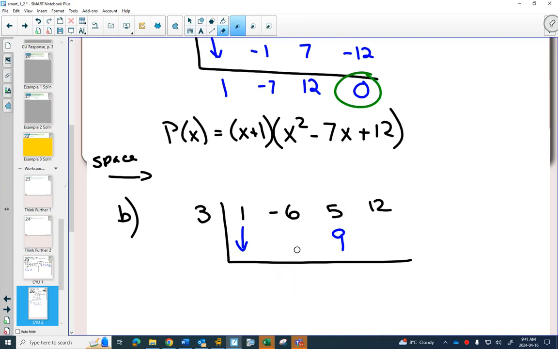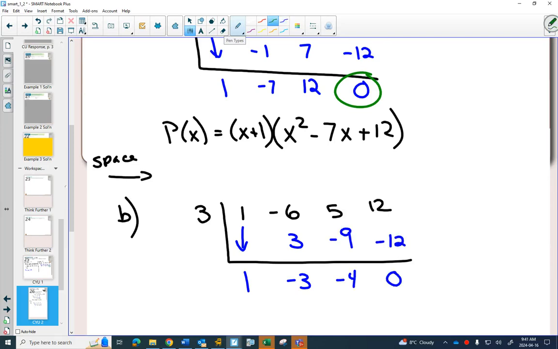Give me more than a 15-second head start because I made a mistake. There we go. Bring down the one. Again, we get a remainder of 0. So this means that would be right.